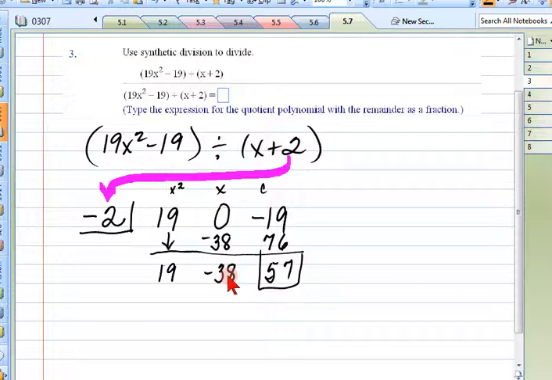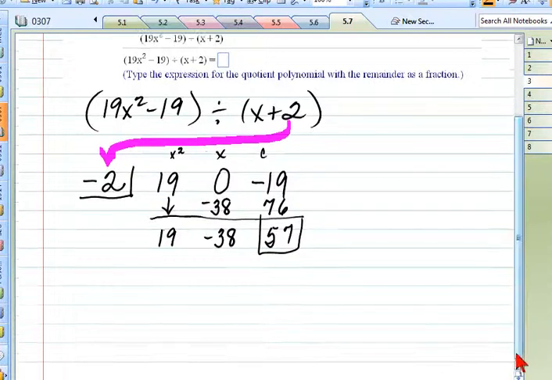Add it to the 0 is still negative 38. Multiply negative 38 times the 2, it's positive 76. 76 and a negative 19 gives me 57. Now, it's great to do all that, but you have to be able to recover the answer as a polynomial.